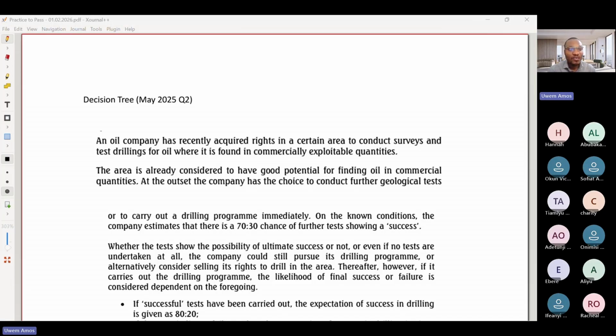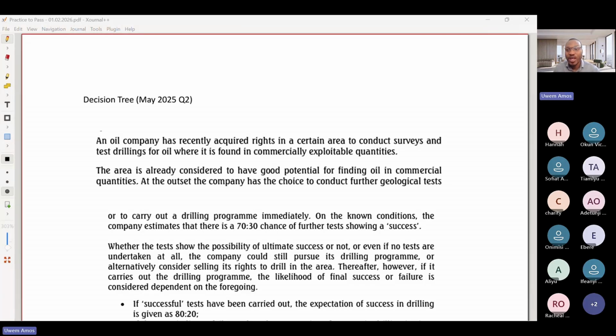Our plan today is twofold. The first topic would be decision tree, and that's one that we would ensure that we finish within the time we have. However, if we're done with that and we still have some time left out of our 2 hours scheduled for today, we would move on to the next topic, which is business valuation.